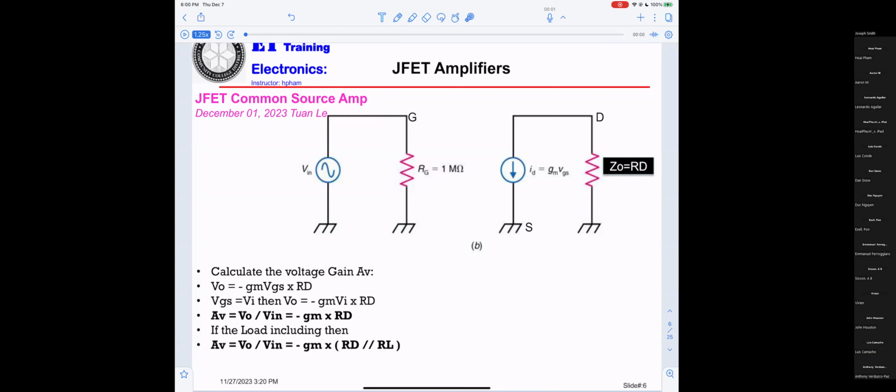The reason is Vout is measured from here to the ground, and the current ID goes this way. So voltage and current are opposite. So that's why they get negative.